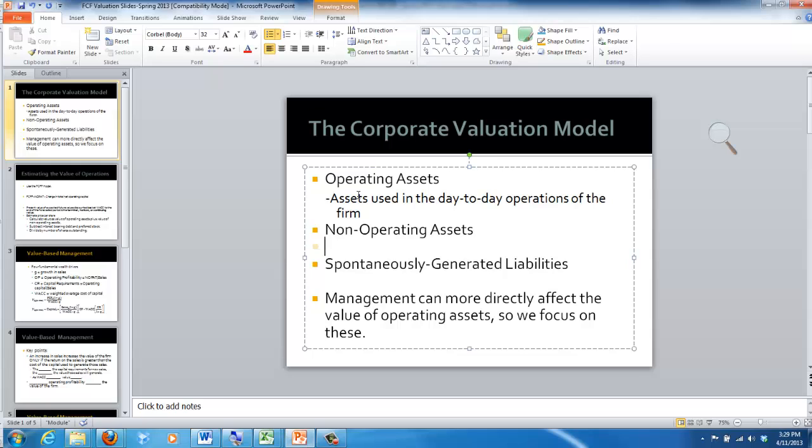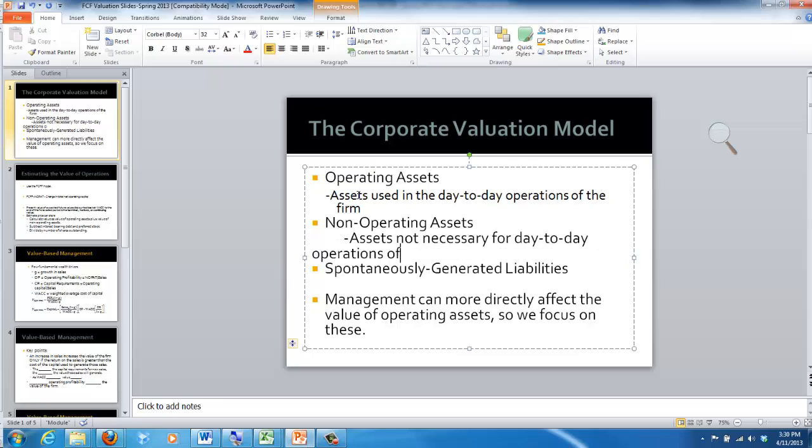The second kind of assets are non-operating assets. These are assets not used in day-to-day operations of the firm. These are things we don't need to run the firm.